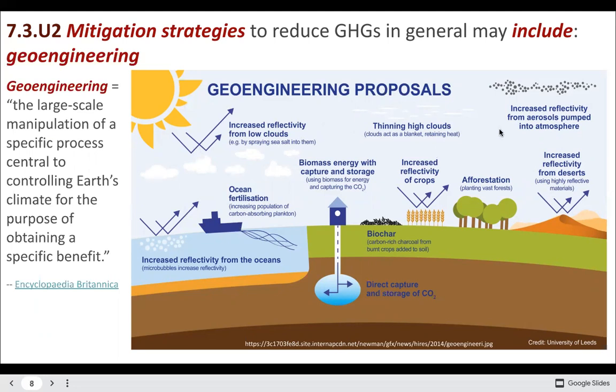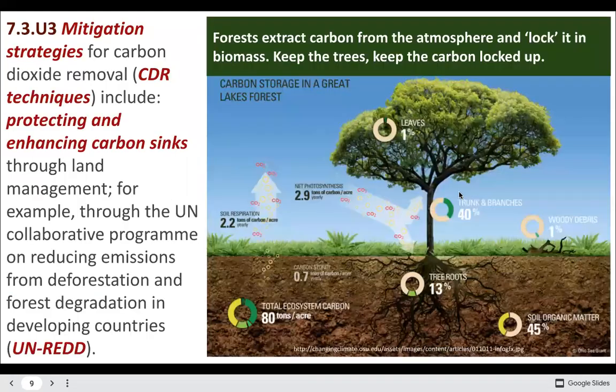And then other ways to increase reflectivity: putting white roofs on houses, or having solar panels over parking lots. Afforestation, those trees will create shade down there, and also will keep things cooler than if you just have bare earth that's absorbing all the solar energy.